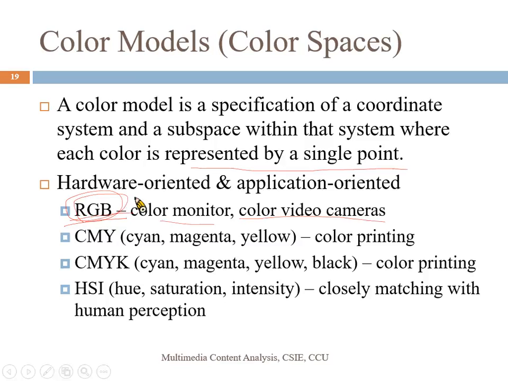The second one is the CMY color model, that is cyan, magenta, and yellow. This color model is usually used in color printing, usually with a color printer. Okay, and you may also know the CMYK color model, that is CMY plus black.